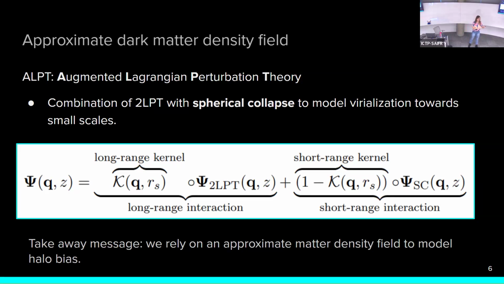We use friends of friends or more complicated methods. But the thing is that once you have your dark matter distribution and your halo distribution, we know that the relationship between them is biased. So the halo must be realized. It's a realized concentration of that matter.